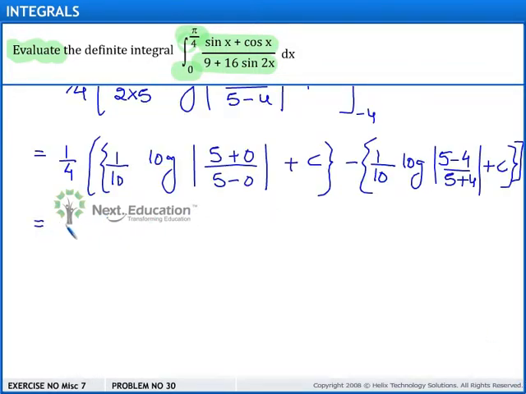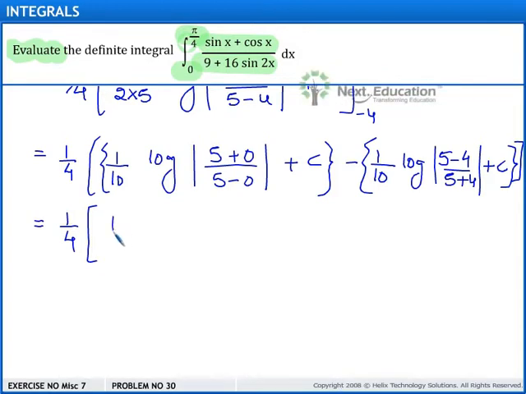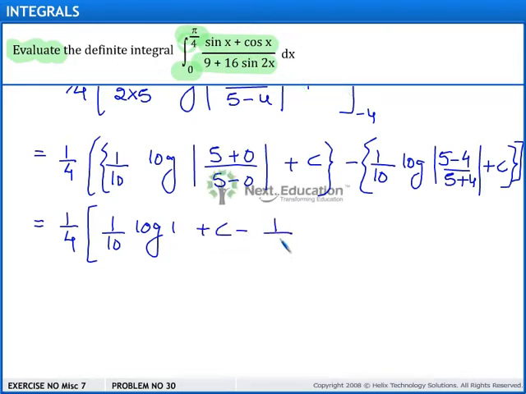This is equal to 1 upon 4 then 1 upon 10 log of 1 plus c minus 1 upon 10 log of mod 1 upon 9 minus c.